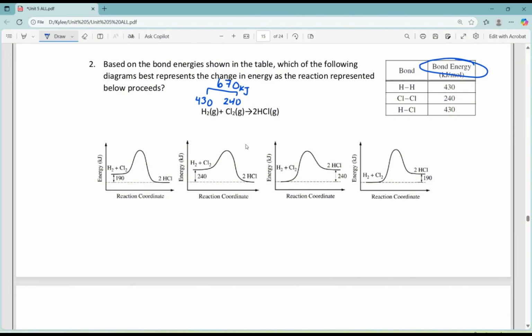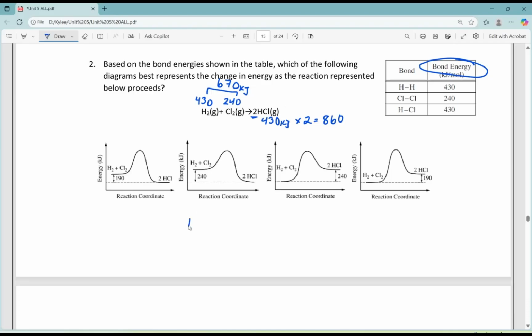So that's how much energy is needed to break those bonds. Well, to form HCl, I need 430 kilojoules. But notice I have two HCl's. So I actually am going to take that times 2 and I get 860 as my products.